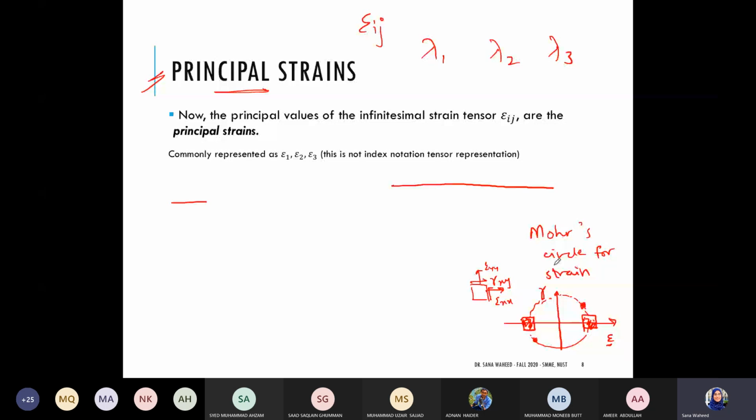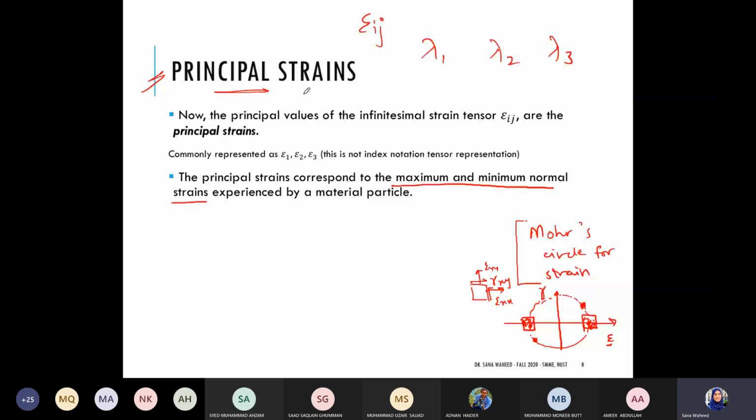So these maxima and minima that we used to find using our Mohr circle are actually exactly the same ones that are these principal strains which are being found using the sort of eigenvalue analysis for our strain tensor.